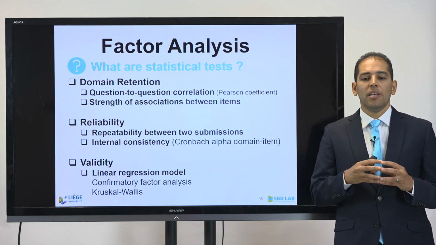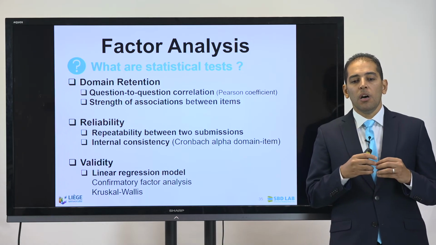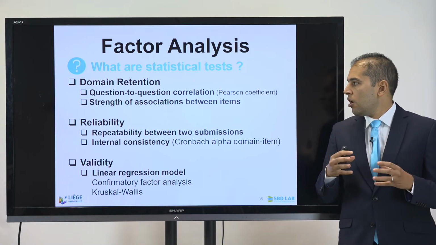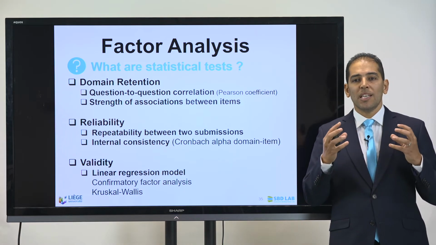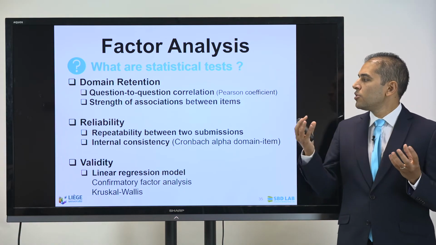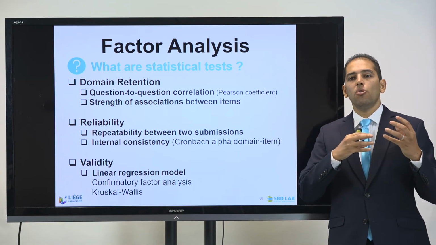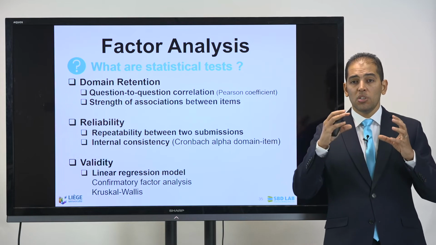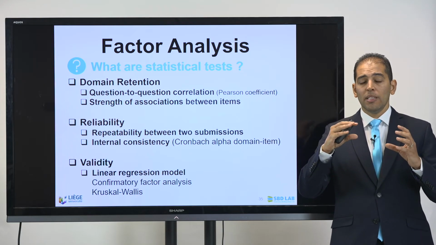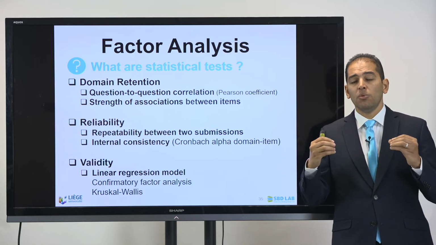Domain retention means questioning the correlation of your work, and here you use the Pearson coefficient to check that there is a real association between the items and the domains of your research questionnaires.